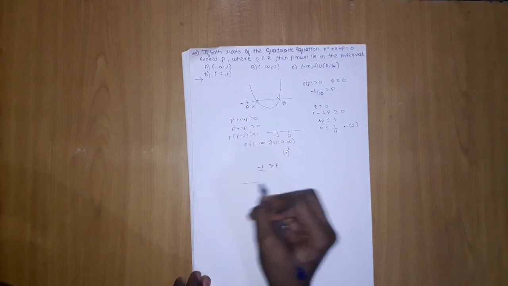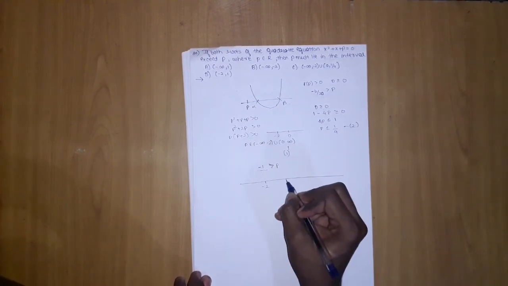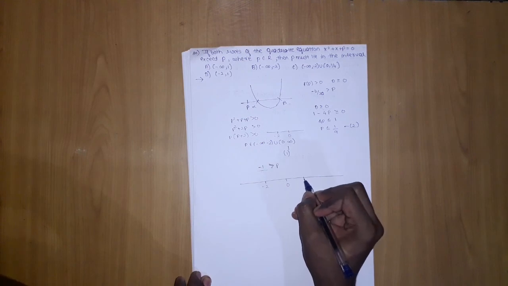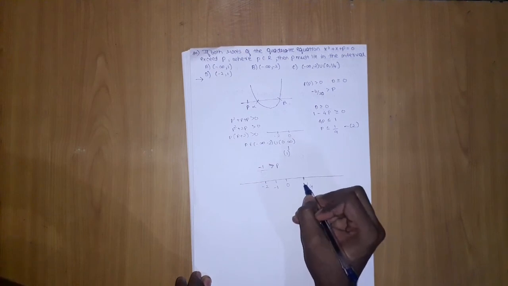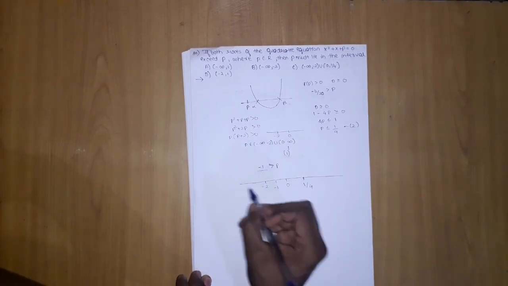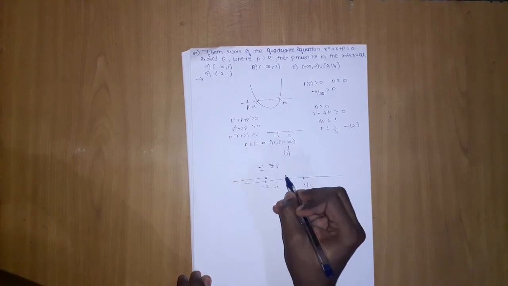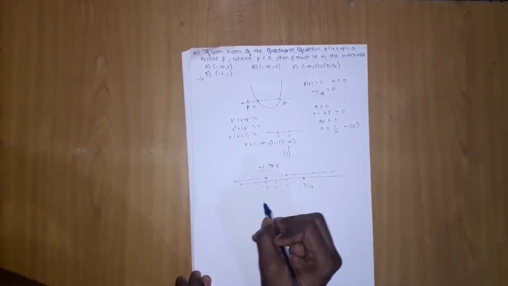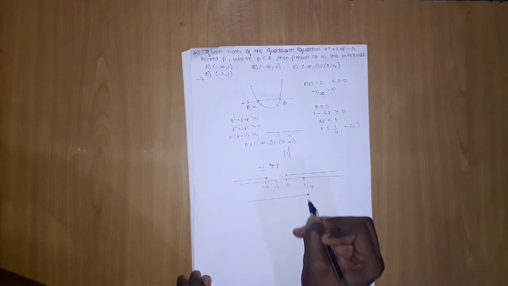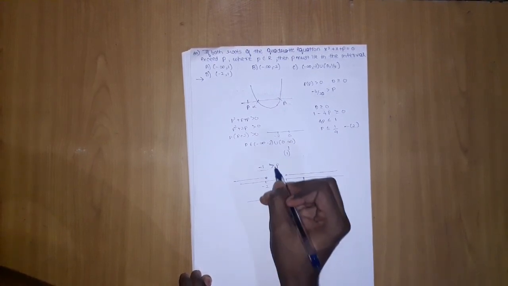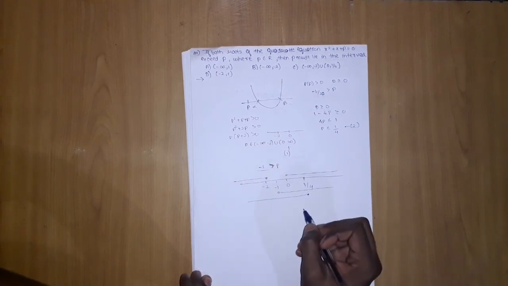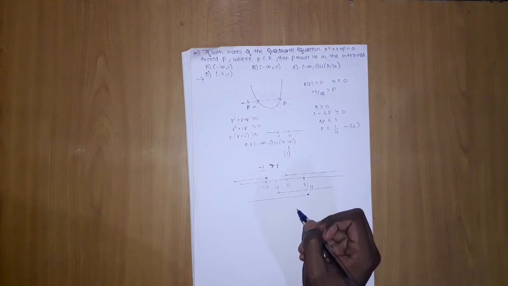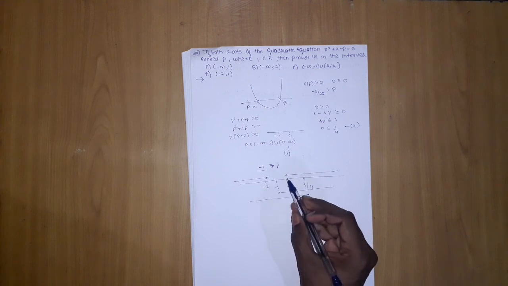Let's plot all these points: minus 2, 0, 1 by 8, here minus 1 will be there, and then 1 by 4. Now the first is telling minus infinity to minus 2 union 0 to infinity. The second is telling less than or equal to 1 by 4, closed. Third is telling greater than minus 1. Which part is common in all of them? 0 to 1 by 4, this part is common.